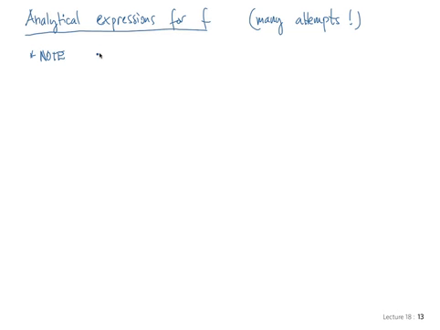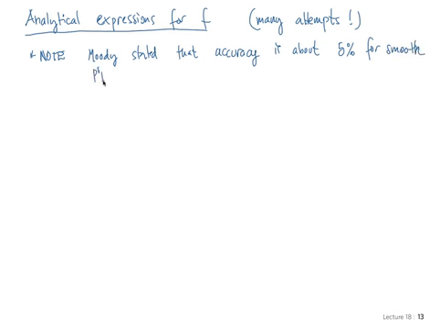Moody already stated that the accuracy in the Moody chart was about 5% for smooth pipes, and plus or minus 10% for rough pipes, for the rougher end of the chart.